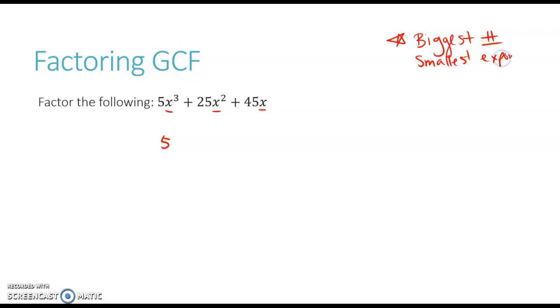The reason we take the smallest exponent is because that's actually the biggest item we can take out, because I can't take x squared away from just x.